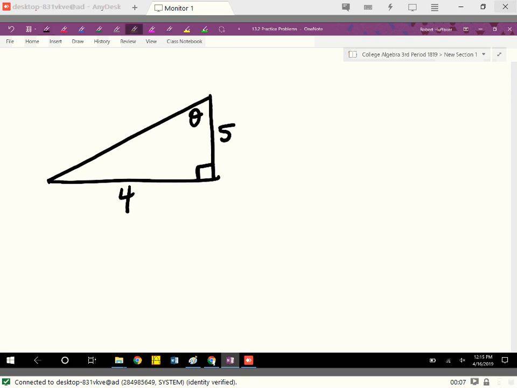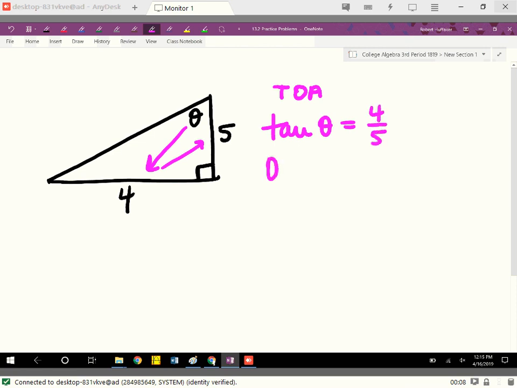So I've got theta and I've got an opposite side leg. I'm sorry for pink. You've got an opposite side and an adjacent side. That looks like TOA, so I'm going to use tangent. Tangent of theta is equal to opposite divided by adjacent, which is 4 over 5, meaning that theta is inverse tangent of 4 over 5.